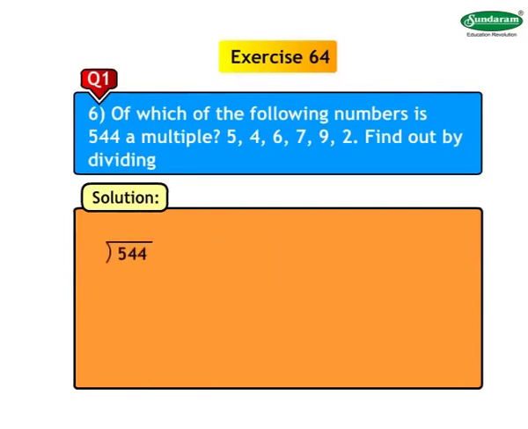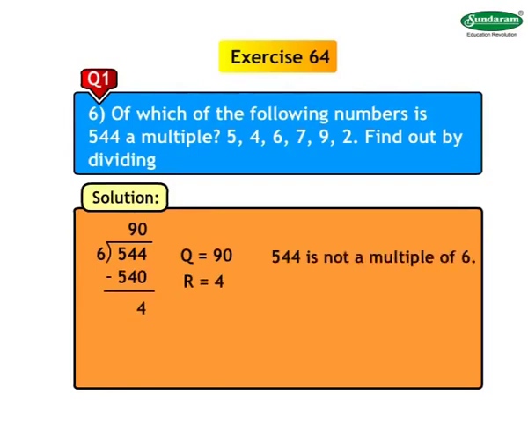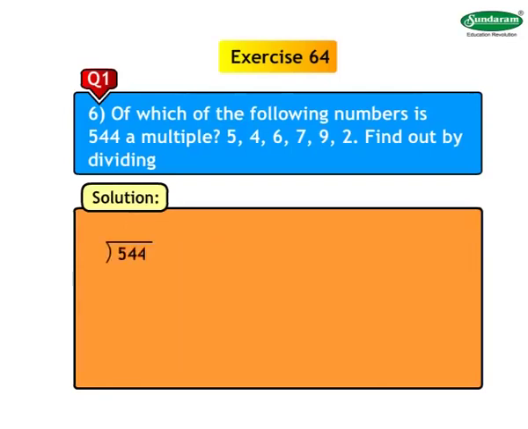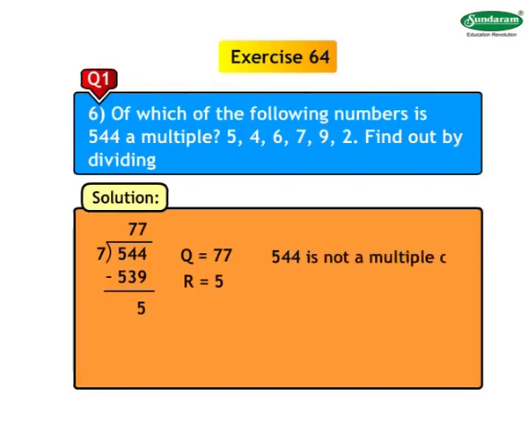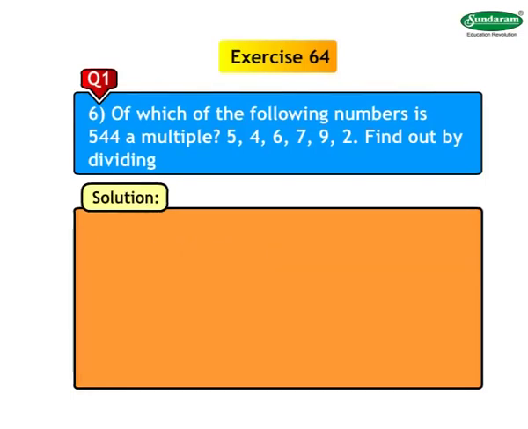544 divided by 6. Quotient is equal to 90. Remainder is equal to 4. 544 is not a multiple of 6. 544 divided by 7. Quotient is equal to 77. Remainder is equal to 5. 544 is not a multiple of 7. 544 divided by 9.